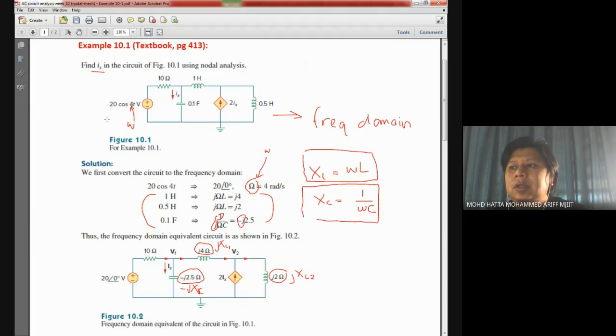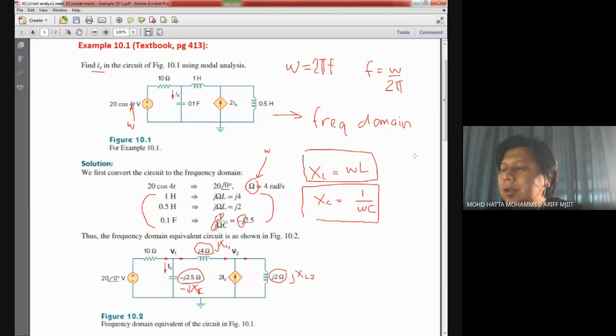Sometimes the frequency value of this AC circuit is embedded into the omega value, where we know that omega can also be written as 2 pi f. If the question asks about the frequency, just rearrange this formula: f equals omega over 2 pi, and you will get your frequency value.